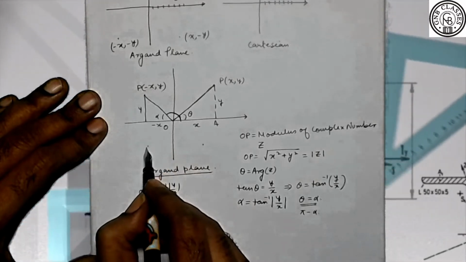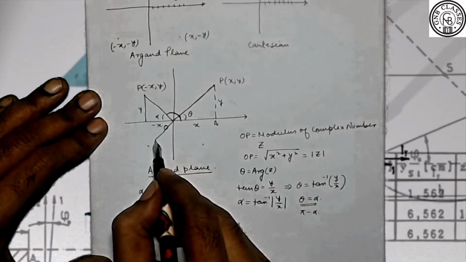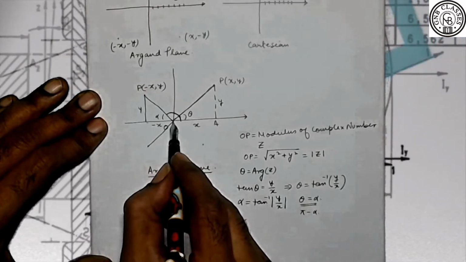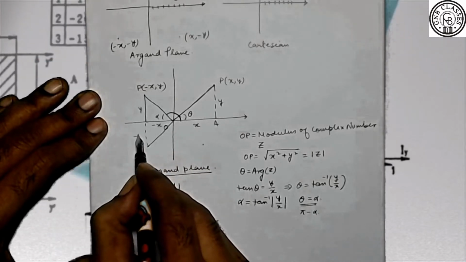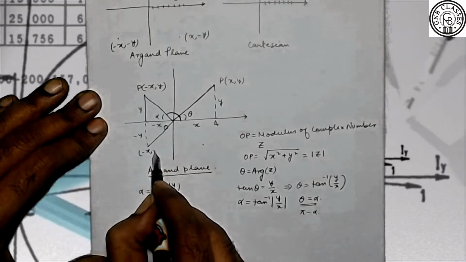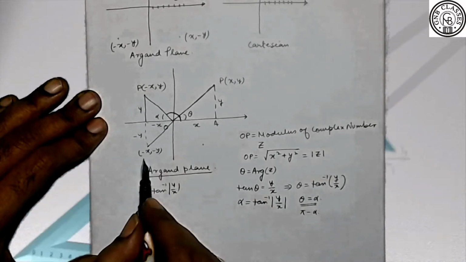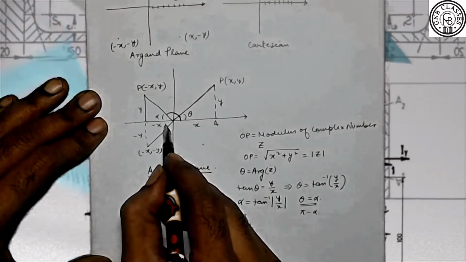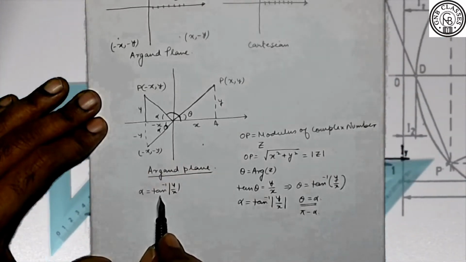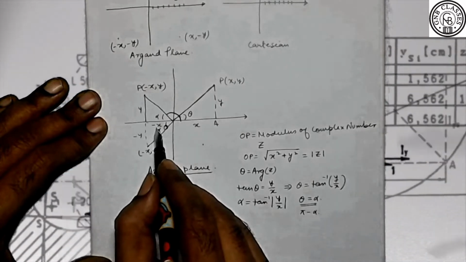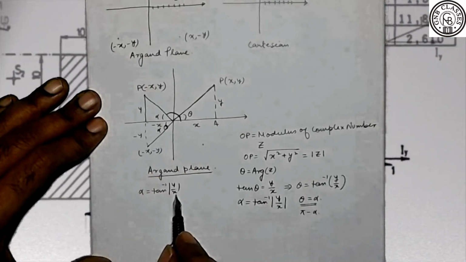Is it clear? Now if the point is in the third quadrant, this is minus x and this is minus y. So the coordinate of this point is minus x, minus y. Again, if we omit the sign, we get the value of alpha as tan inverse y by x. That is why I have given a mod sign over here.